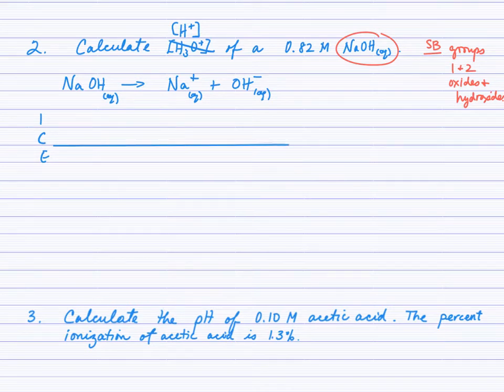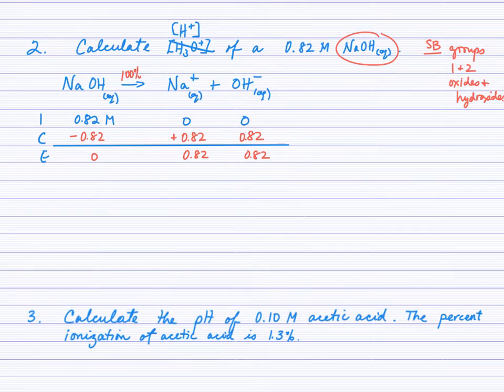So we're starting with 0.82 moles per liter and 0 in each of those ion concentrations. Now again, because it is 100%, we're essentially going to lose all of this down to 0, which means this will increase by the same amount. And so again, if you wanted to collapse this ice table, that would have been fine.